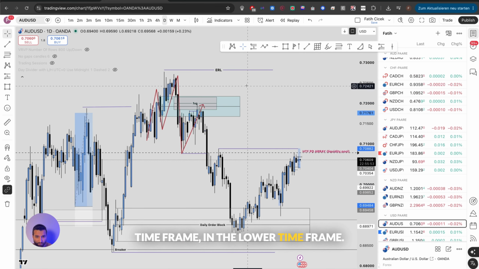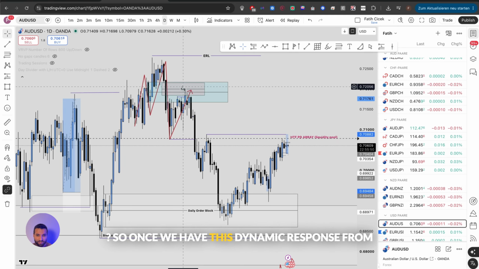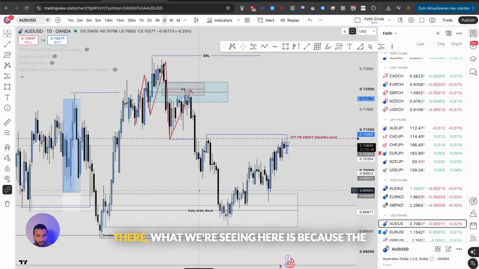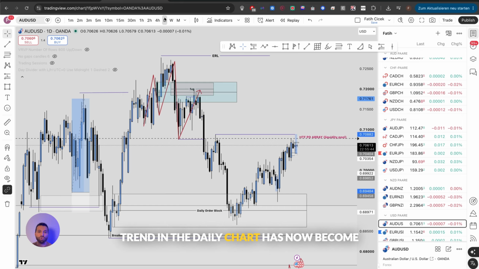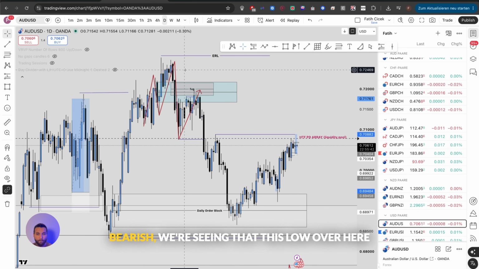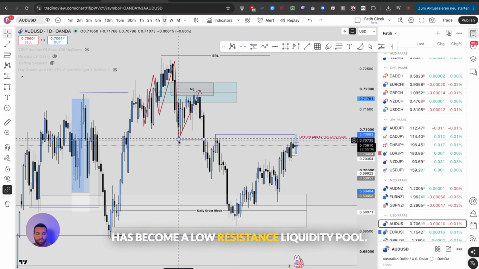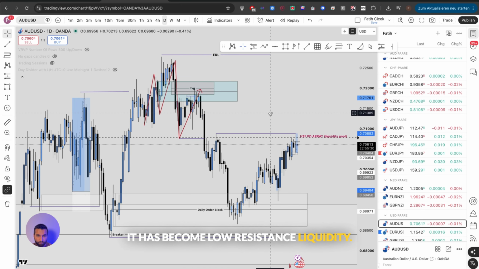Because the trend in the daily chart has now become bearish, we're seeing that this low over here has become a low resistance liquidity pool.